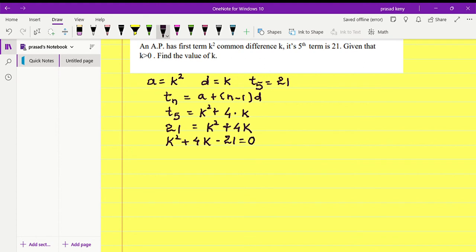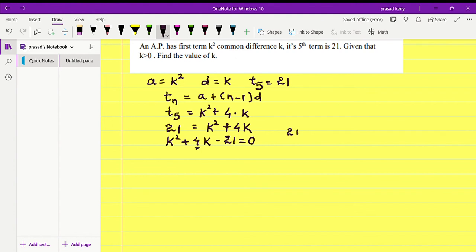Now I am getting a quadratic here. What are the factors of this quadratic? Now the constant is 21. Obviously your k square coefficient is 1. So I am just considering the constant, and the sign of the constant is minus. So the difference of factors of 21 should be 4.